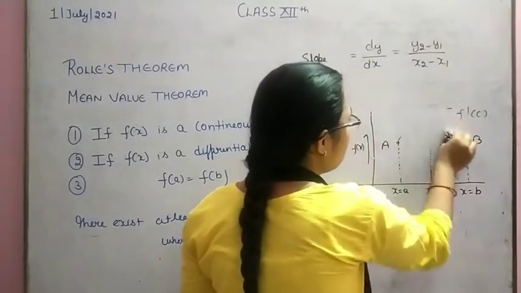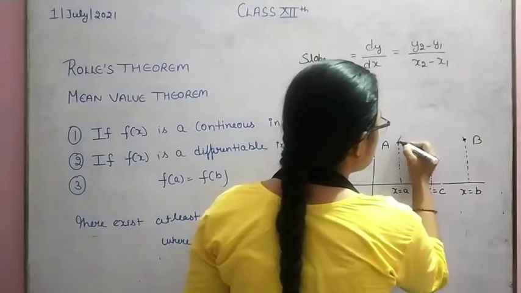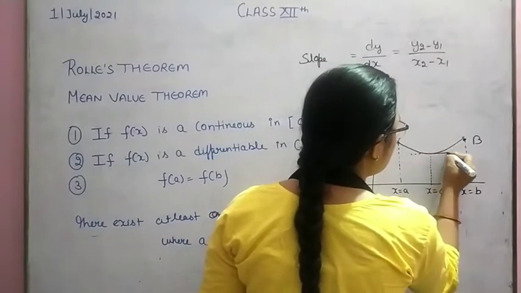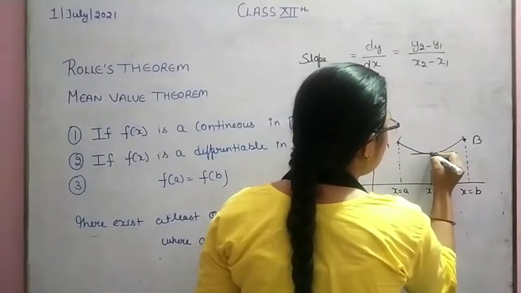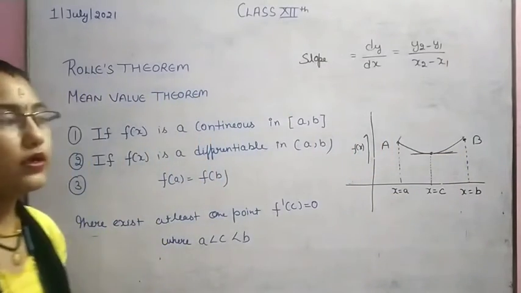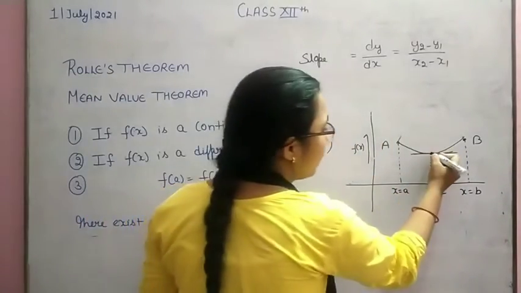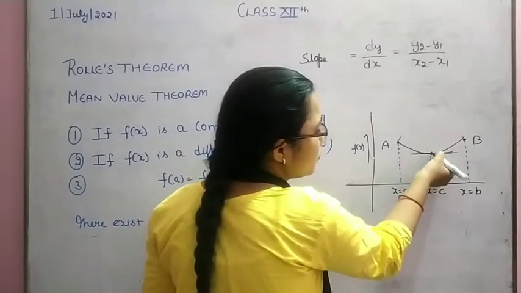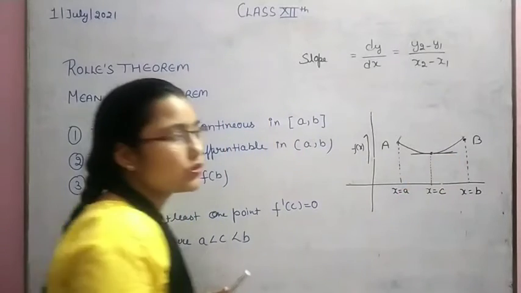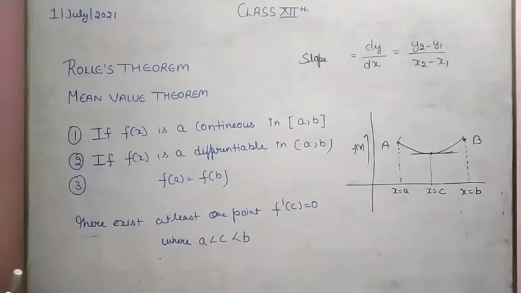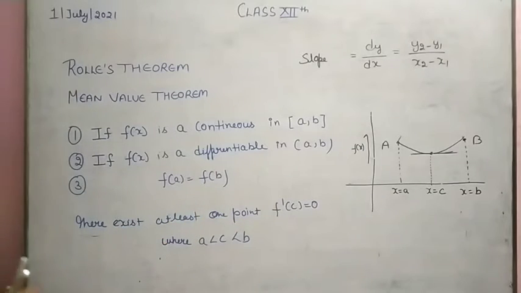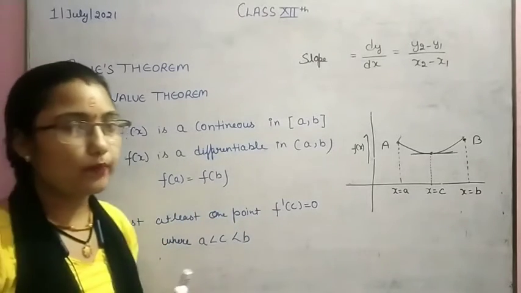in another way. Suppose like this, and if we draw a tangent like this, again we get a point where the slope of this graph equals 0. That means at point C the slope of this curve equals 0. Here the word one point is mentioned: there exists at least one point. What is the meaning of there exists at least one point?